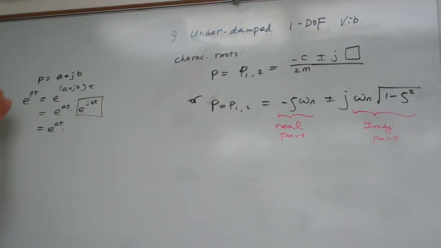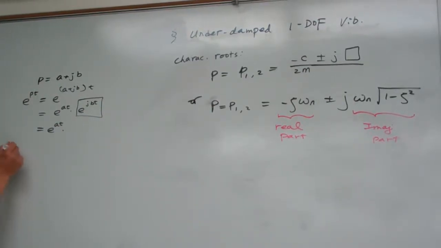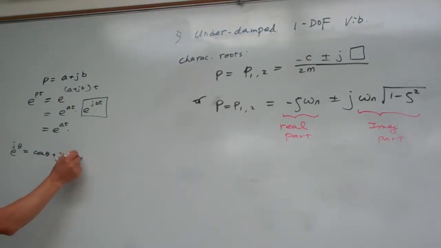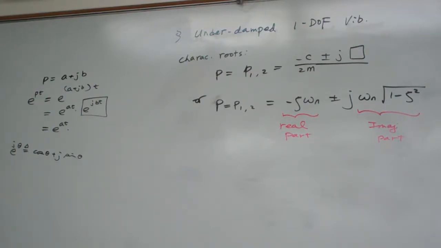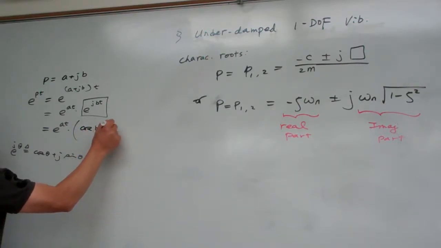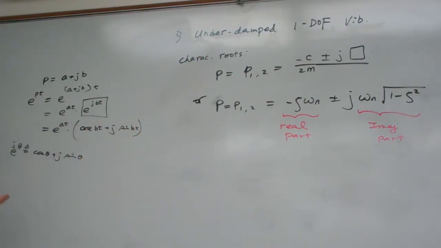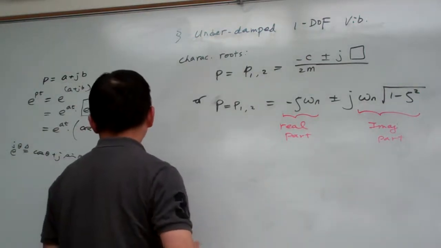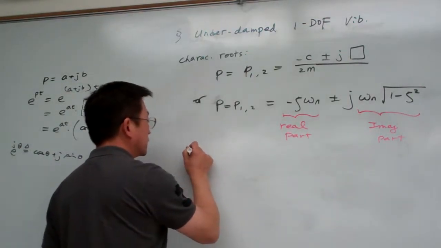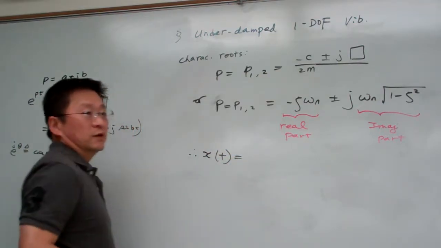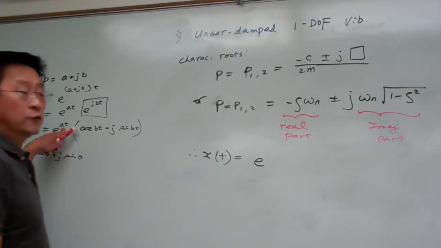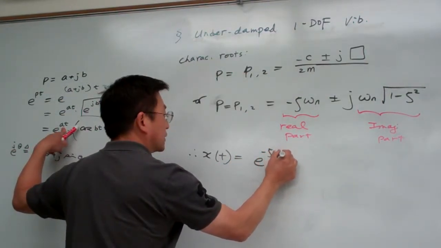That one is e to the at multiplied with this one. If you remember, we have the definition e to the j theta equals cosine theta plus j sine theta. That is what we call the definition. Here we simply plug in, so that becomes cosine bt plus j sine bt. Now a is our real part, so x of t will be equal to exponent of at, and a is our real part, which is minus zeta omega n t.